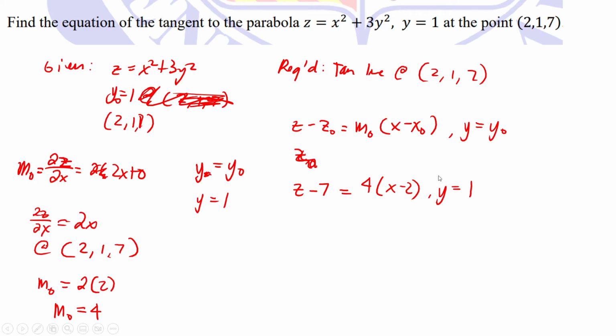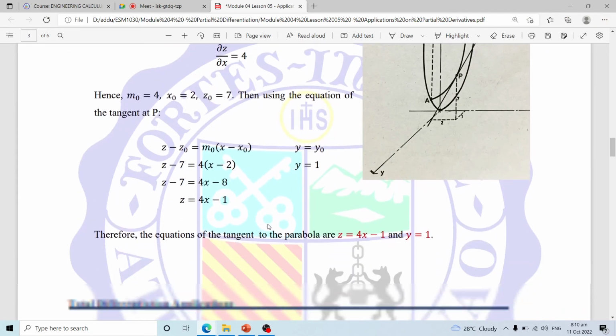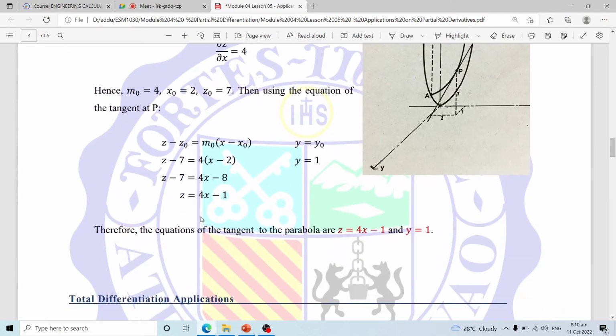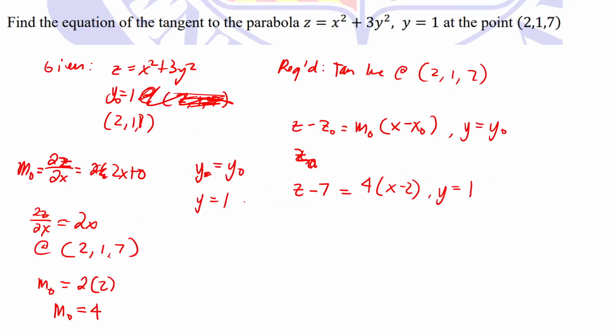Then you simplify, isolating z: z is equal to 4x minus 8 plus 7, so z is equal to 4x minus 1, then y is equal to 1.